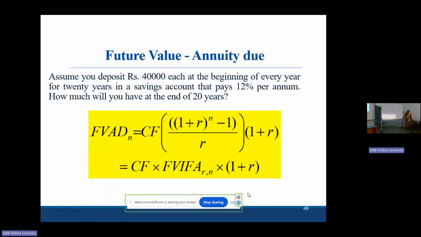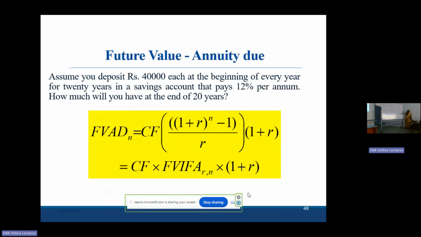The theory is the time value of money. In this case, suppose it is a cash inflow, you are getting the cash flow here at the beginning of the period. You are getting it early. So what is our theory? Time value of money: money received today is more valuable than money received tomorrow. So in this case, you are getting money at the beginning of the period. If it is receiving, or if it is a deposit, you are depositing early.